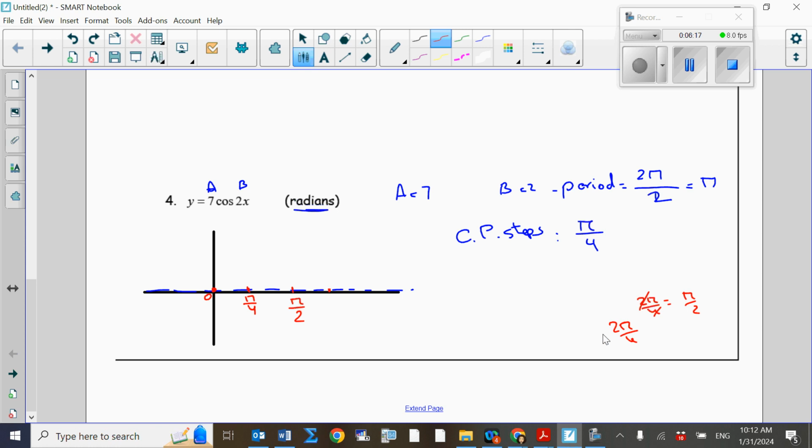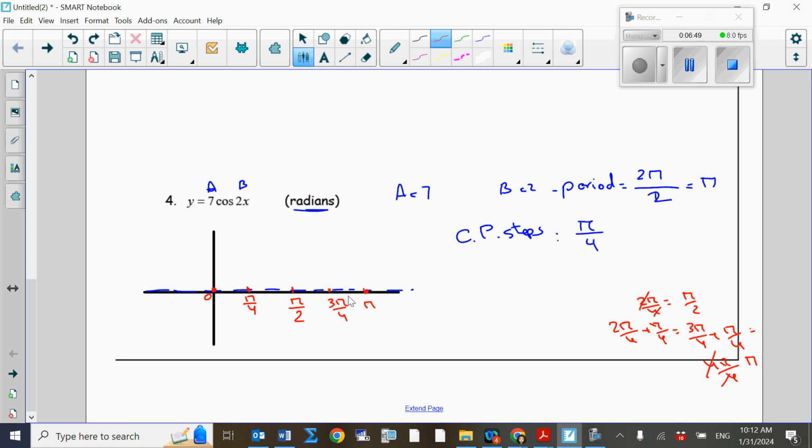Just to make it easier, instead of pi over 2, I'm using the non-simplified form of that and adding pi over 4 to that. So this is 3 pi over 4. The next is 3 pi over 4 plus another pi over 4. That's 4 pi over 4, which could be simplified as pi. So this is pi.